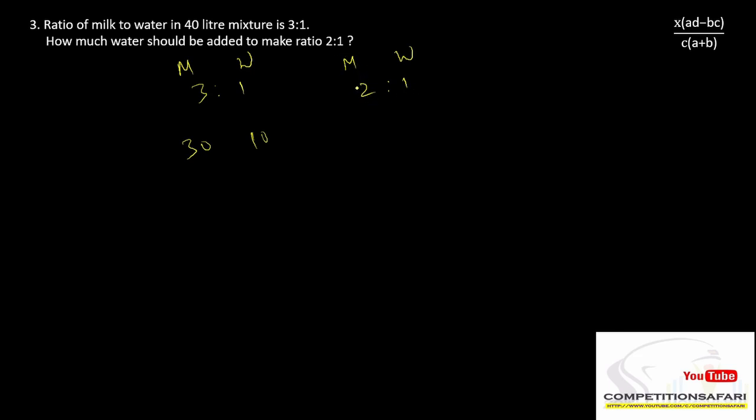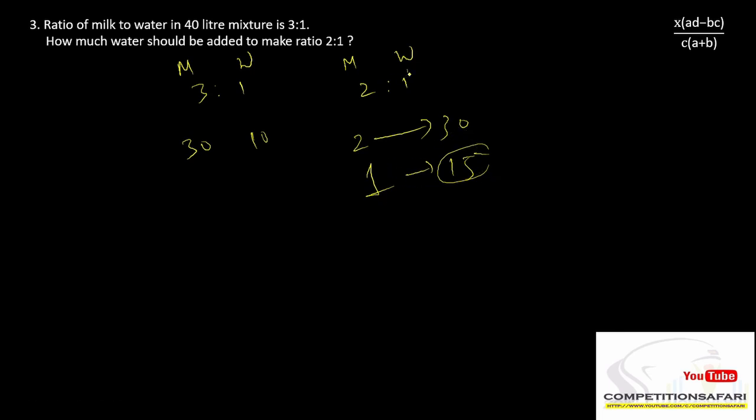So the quantity of milk remains the same, which means when 2 units is 30, 1 is 15, correct? If you take it into proportion, when 2 is 30 liters of milk, 1 becomes 15.